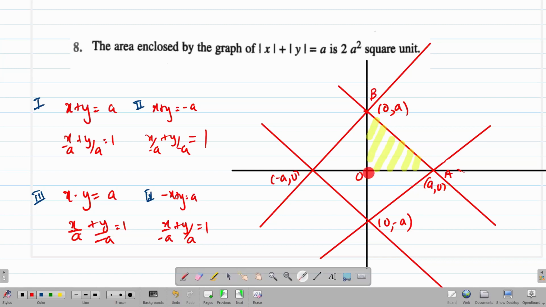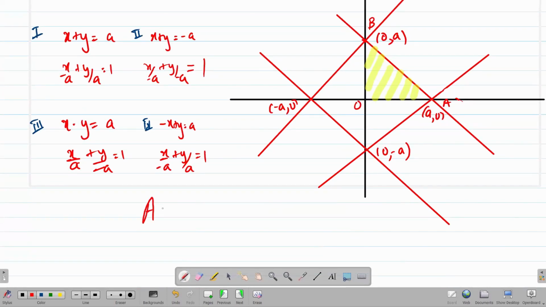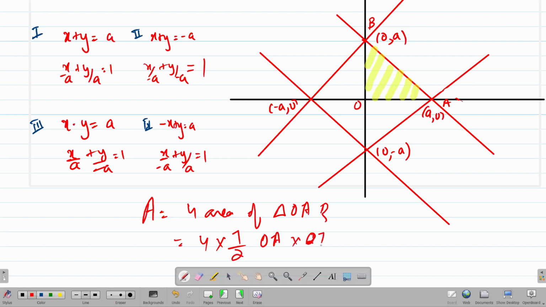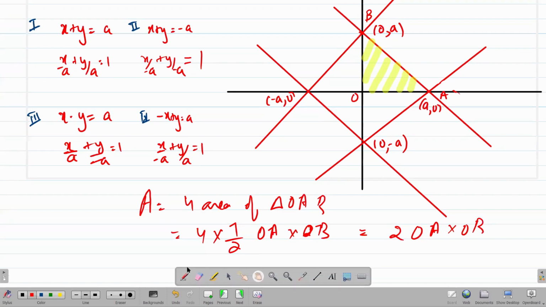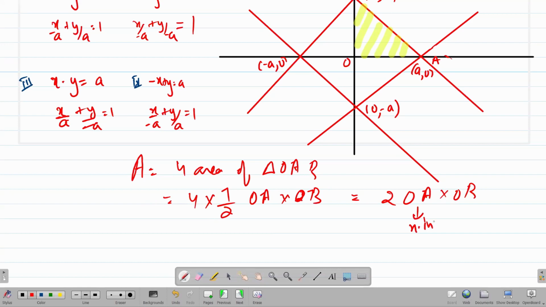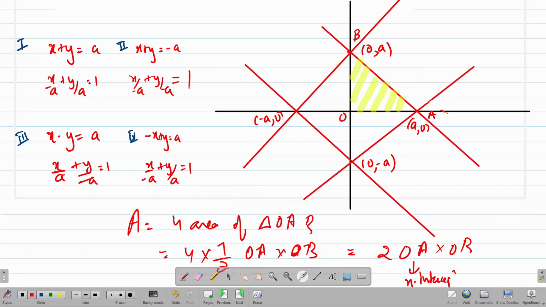This is a right angle, and suppose this OB distance is A, the same distance OC is again A. So all these 4 triangles are congruent, and the area is 4 times the area of triangle OAB, and that is half OA into OB, and on further solving I get 2 OA and OB, where OA is my x-intercept. From the diagram we can see that OA is my x-intercept and OB is my y-intercept.